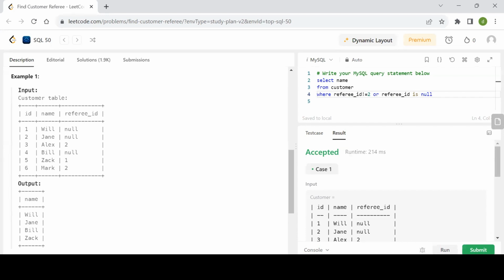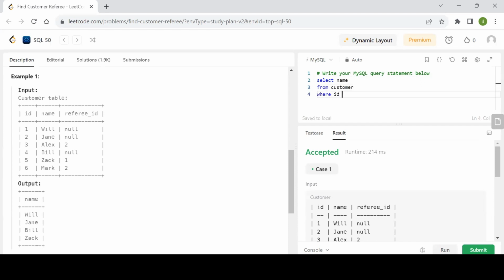I want to show you another way of doing this using a subquery. In the subquery, what we will do is include every ID and just exclude the rows we do not want. So first of all, we will again write the select clause, and we wanted the name of the customers in the select, right? So that's what I did. And then the from clause, from the table, and now where. So I will include all the IDs.